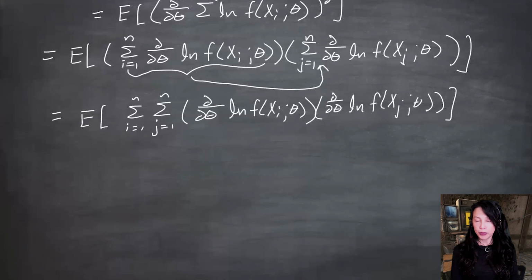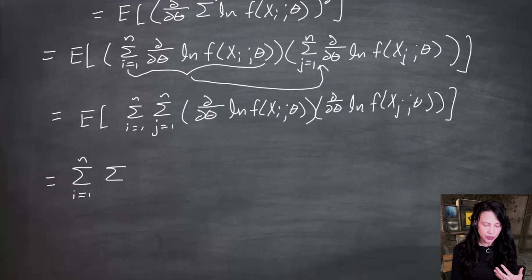And I can pull these sums out of the expectation because it's a linear operator. And I don't even have to give this any special thought about infinite sums exchanging with that integral or sum that the expectation is. Everything's nice and finite. So let's go ahead and pull these out.